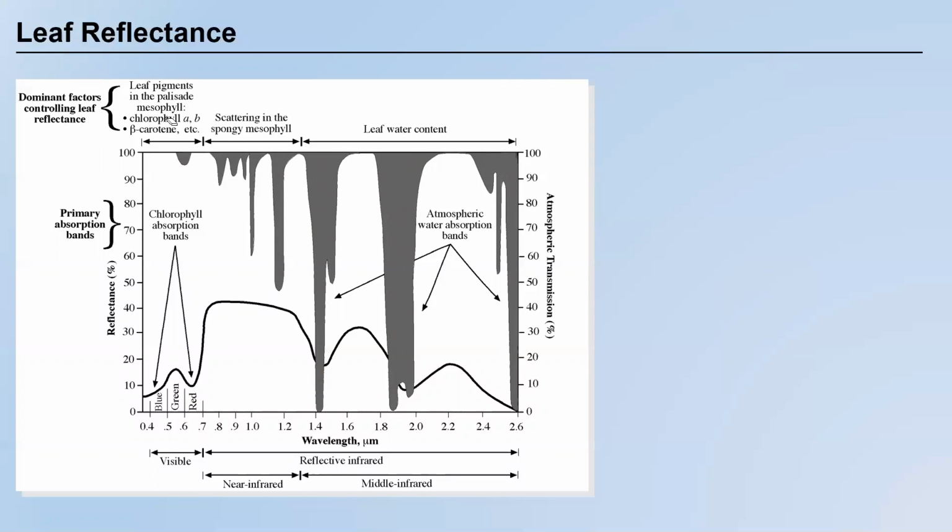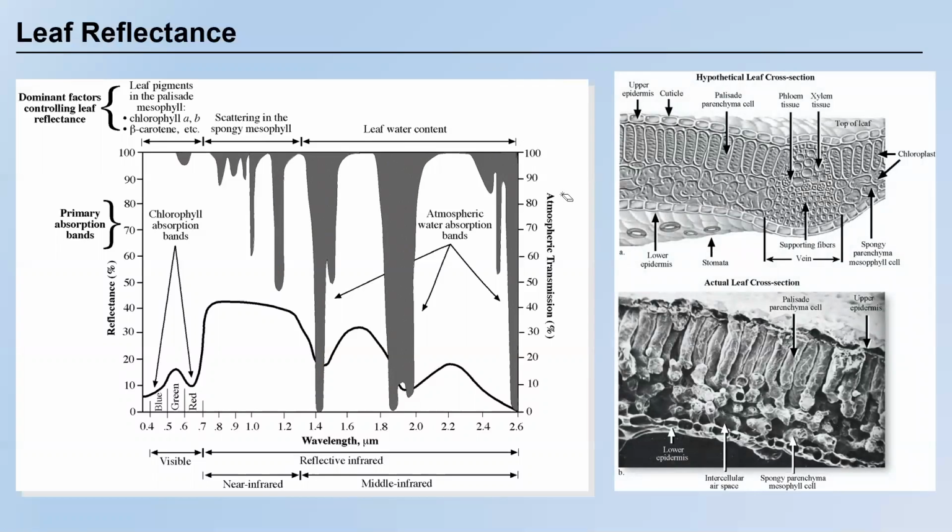Together, they affect the reflectance spectrum of a leaf of vegetation, and together they form this reflectance spectrum. Of course, you should also consider water, and a leaf can be very thin, but the internal structure of a leaf can be very complex.